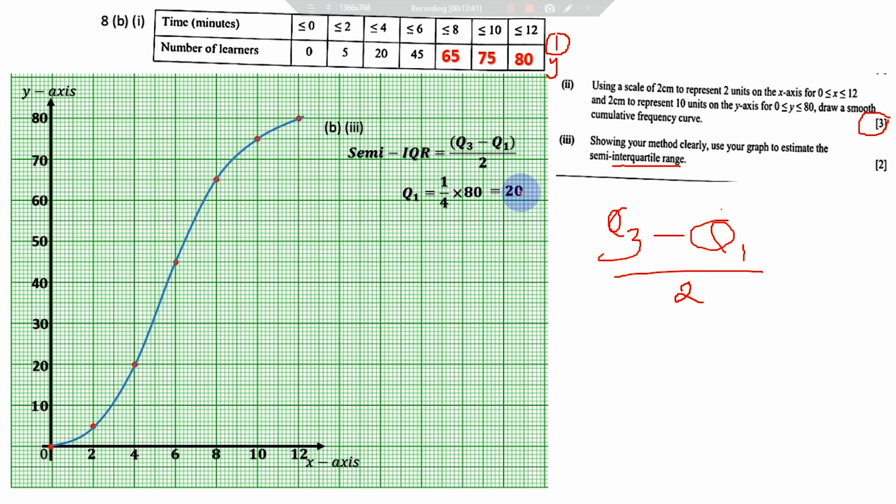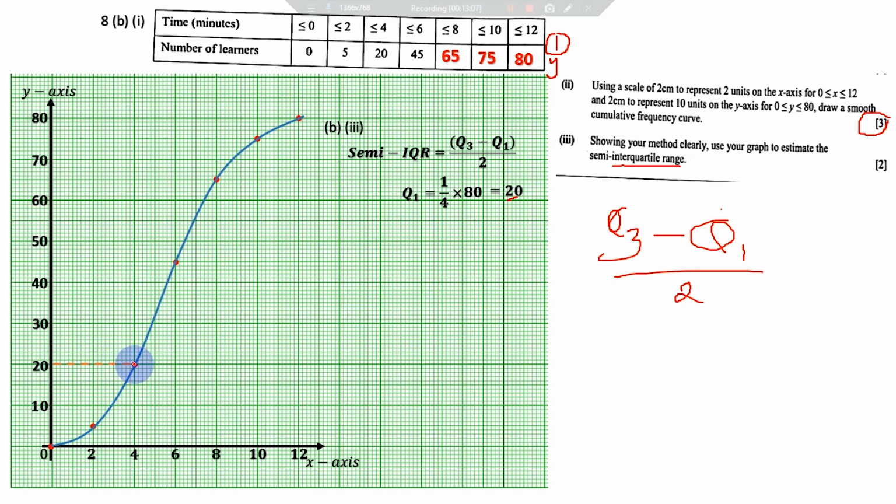Now this is not the answer for our lower quartile. We are going to go on the graph and use the same 20 to find the solution. The 20 is on the y-axis, so we draw a dotted line from 20 to the curve. I'm using this orange dotted line.